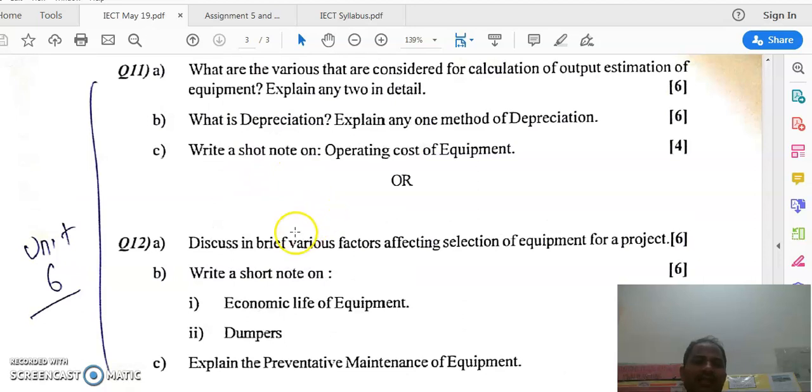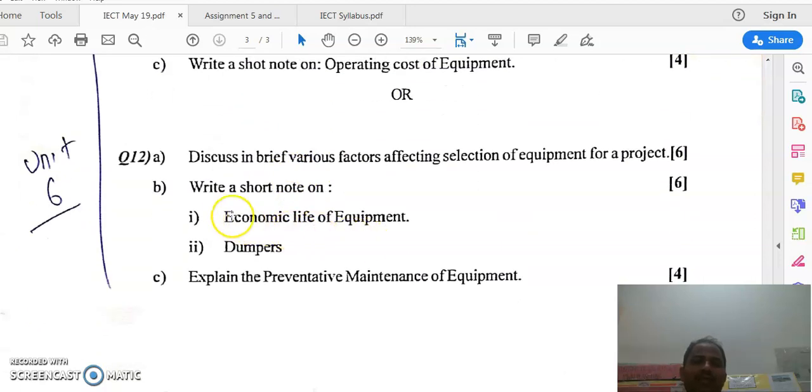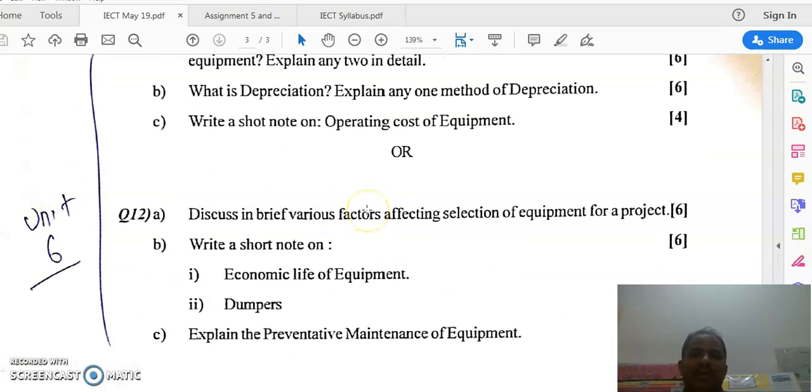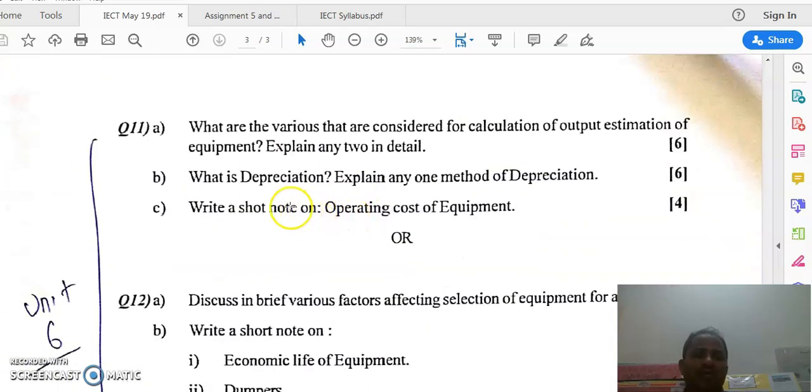So write precisely with diagrams, and the main content that is expected must be added in the respective answers, otherwise you will get less marks and average marking. So to get good marks, the presentation should be good.